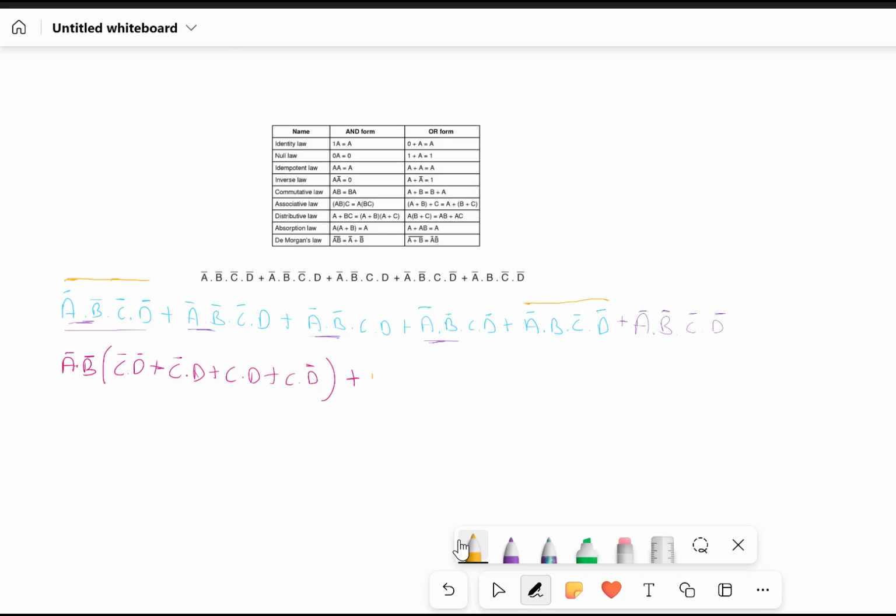So I'm going to factorize those out: not A, not C, and not D. And inside of these, we've got not B, and we've also got B. Now we can simplify this to be 1.